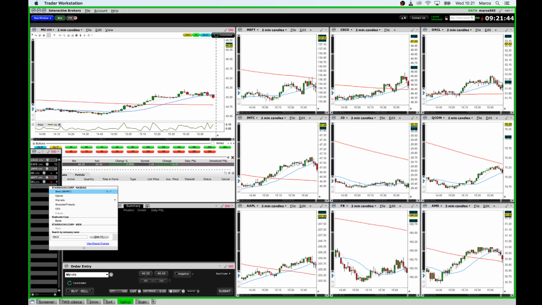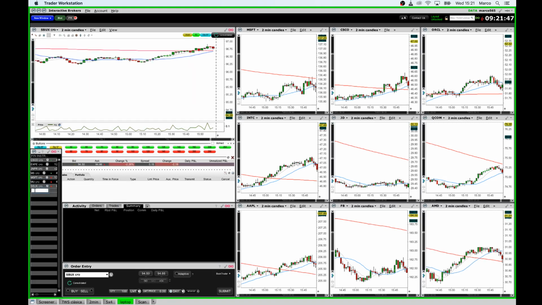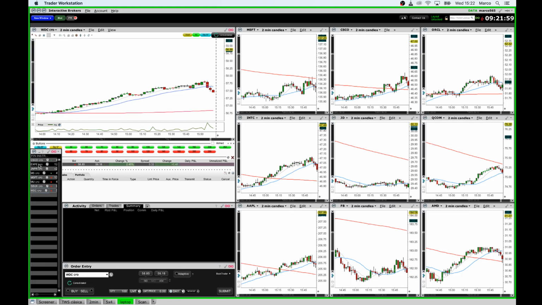This one will be on the second chart as well, but only for shorts. And then I have WDC. So how many do we have here? 1, 2, 3, 4, 5, 6, 7, 8. So we're going to put the last chart as the market.